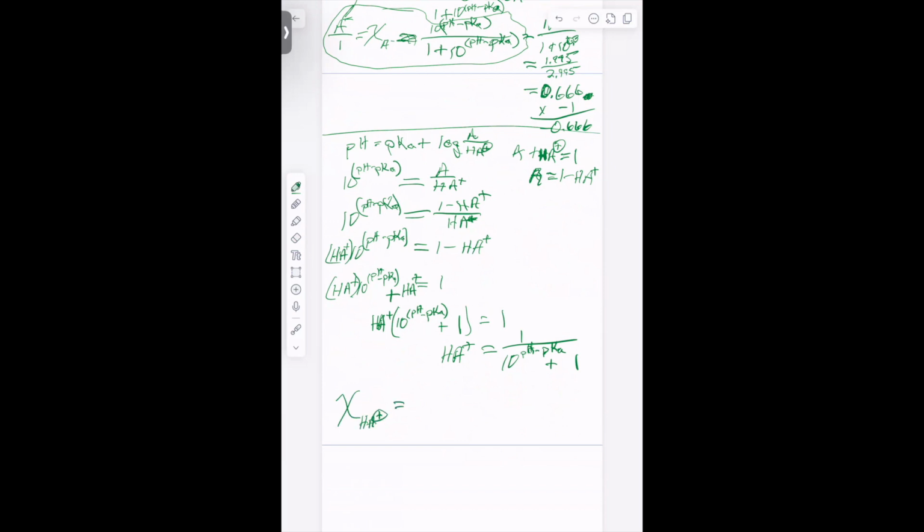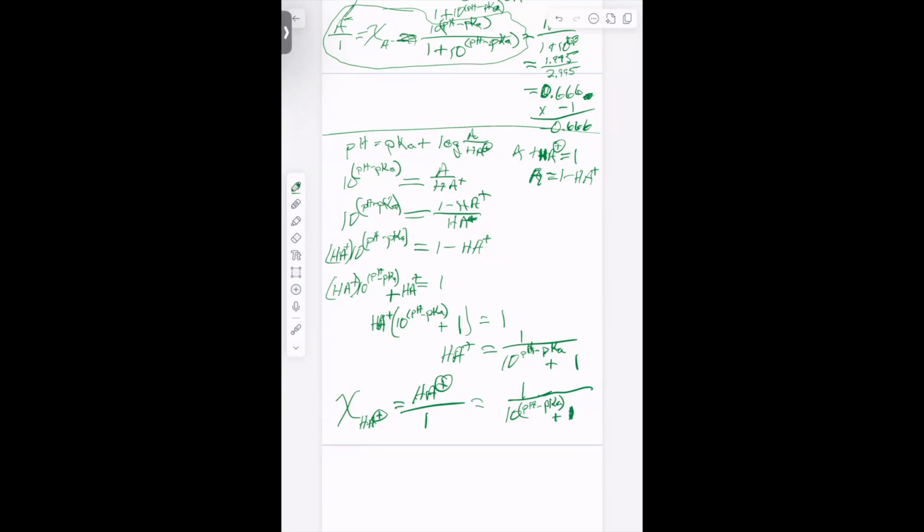HA plus is then equal to HA plus divided by 1, because we assumed 1 total mole. And then we can go ahead and say, okay, so 1 divided by 10 to the pH minus pKa plus 1, and all that divided by 1. I'm not going to bother with that because that just leaves us with 1.